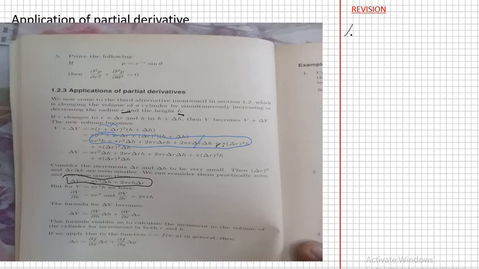To actually have the change in volume, which is equal to pi r squared times the change in height, plus 2 pi r h multiplied by the change in r. The reason why we have removed some terms is that they are negligible.